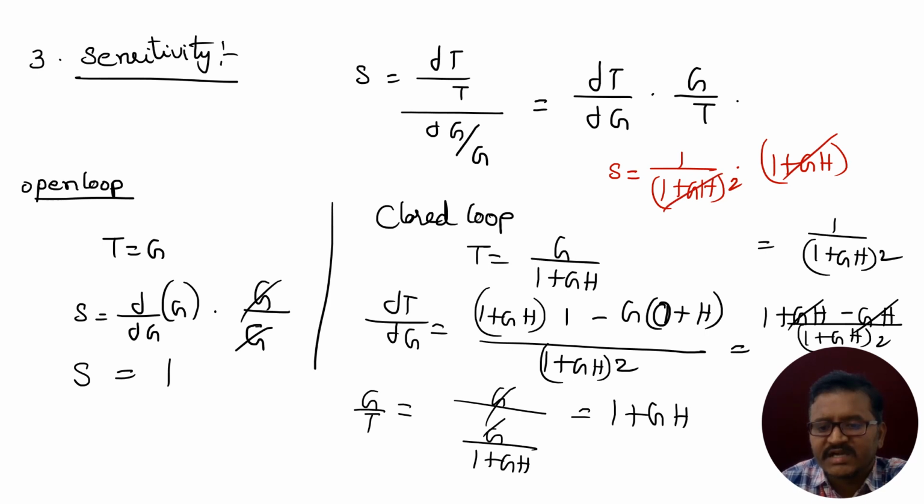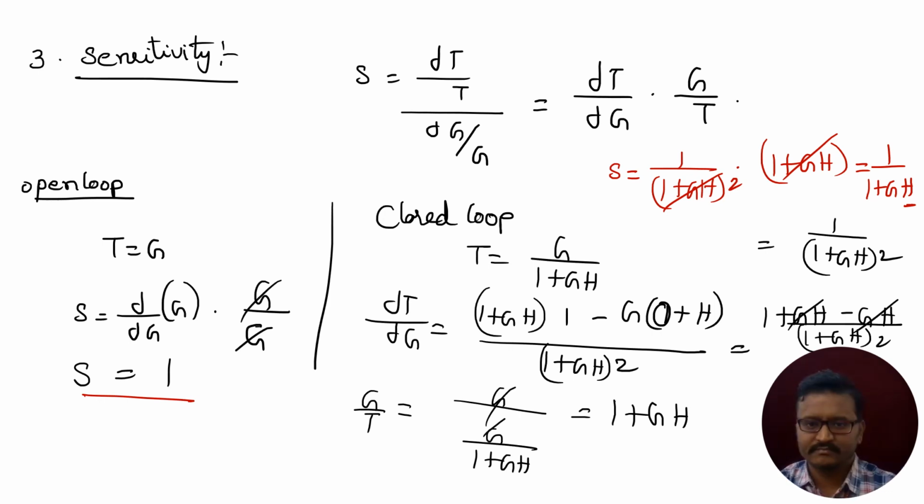Both get cancelled and we get 1 by 1 plus GH. So if you observe, for an open loop the sensitivity is 1, and here the sensitivity is 1 by 1 plus GH. Due to the existence of feedback, the sensitivity is low.